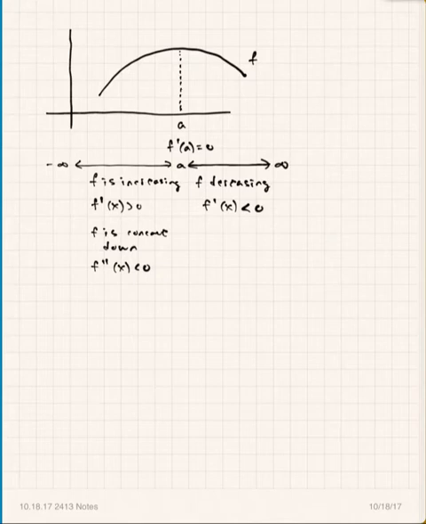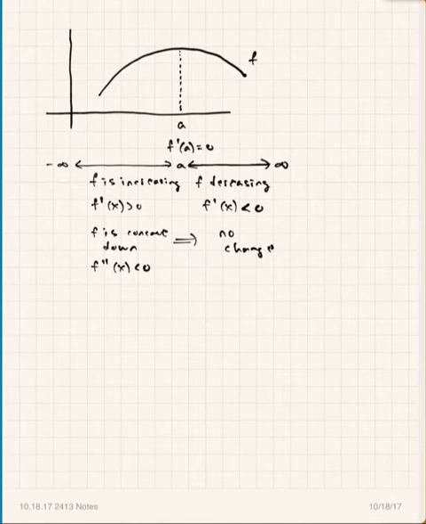And then the concavity, well, the concavity has not changed. The function continues to be concave down. The tangent lines continue to lie above the graph, and so there's no change in the concavity at all at that value a right there.